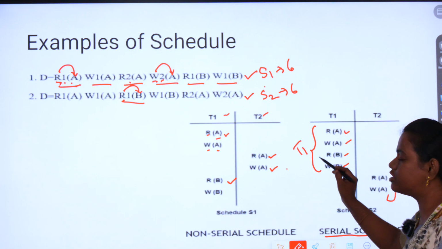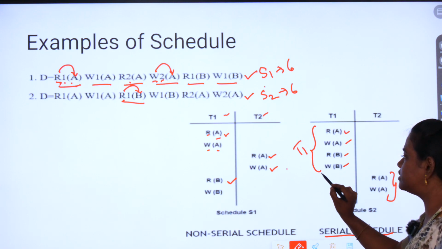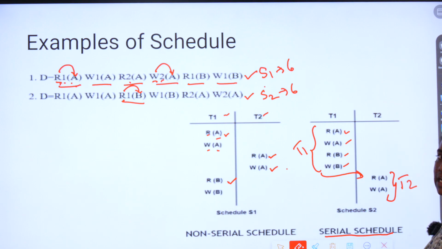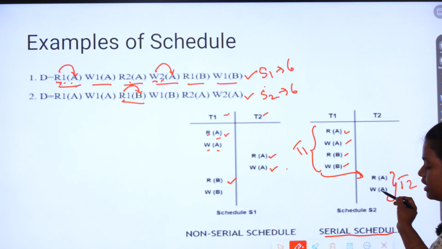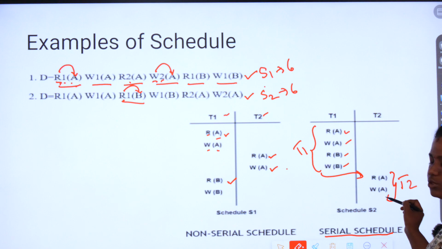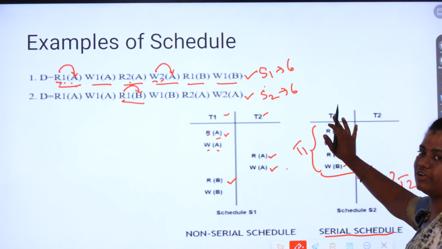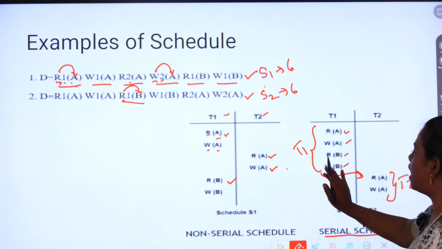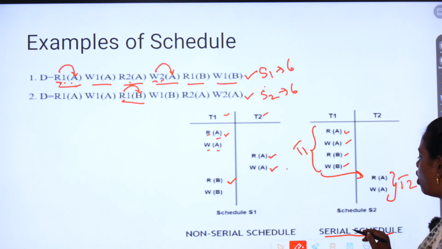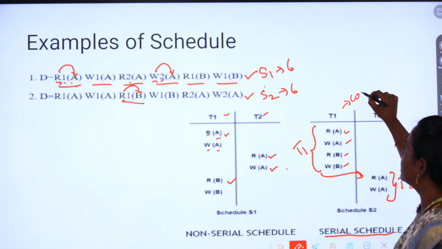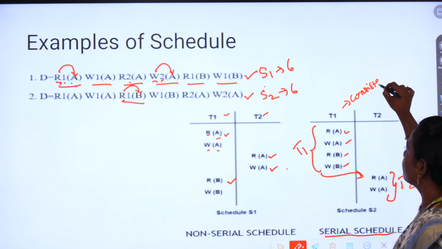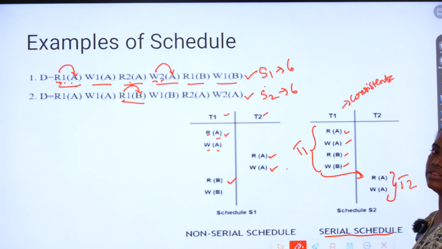After executing all these operations, only then will the operating system move to the second transaction and execute the operations in transaction 2. This is your serial schedule. So here the operating system first executes all of T1 and then moves to T2. So a serial schedule is always consistent.